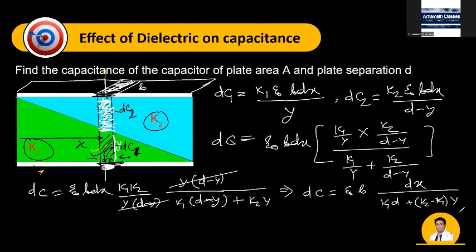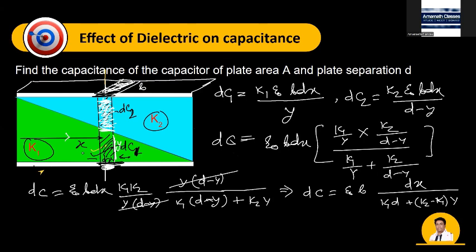Because x is also variable, y is also variable. Here x is this. I can take x anywhere in the capacitor, and as x changes, y will also keep on changing. So both are variable. Now we need a link between x and y. So how can I get the link?